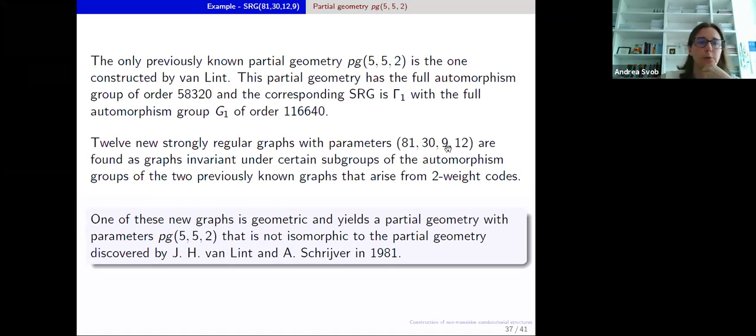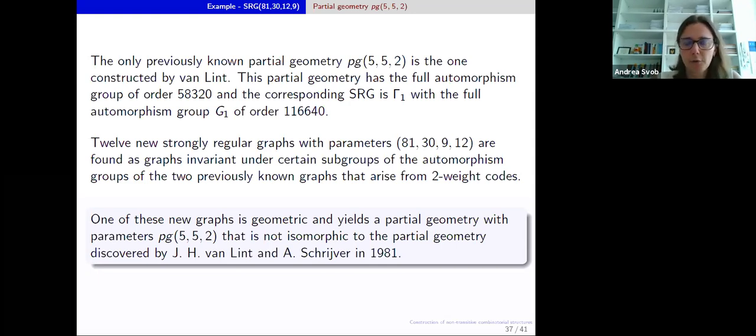But what we were able to obtain is one very nice result, which says that one of these new strongly regular graphs is actually geometric.